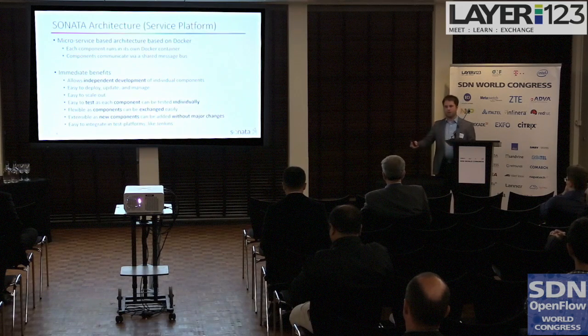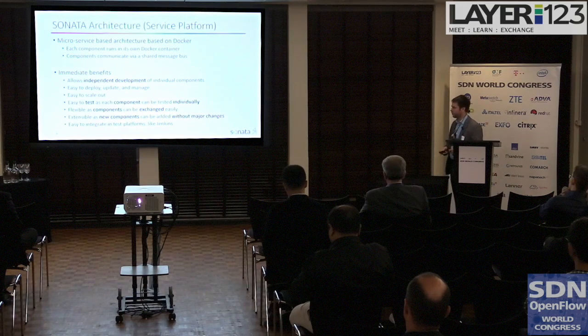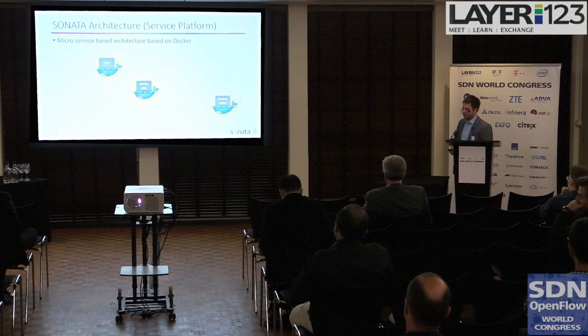It will be automatically built, and if that is successful, then there's a high chance that it will be integrated into the service platform. So that works automatically, all of that is supported by the service platform architecture as it is built on Docker. So how does it look?